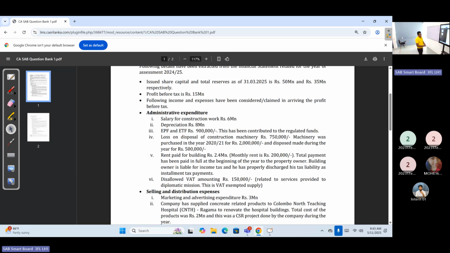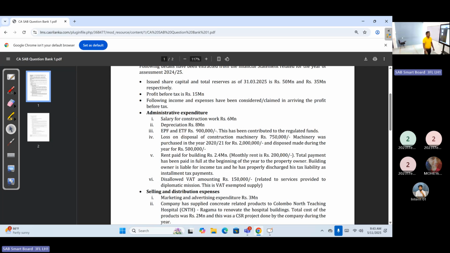Right. So that is administrative expenditure. Shall I remove this one? Right.